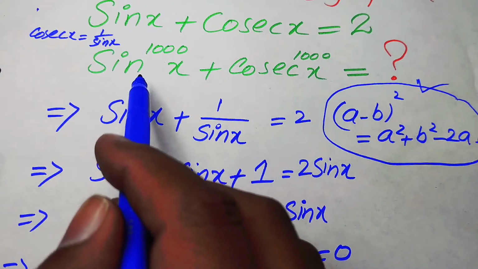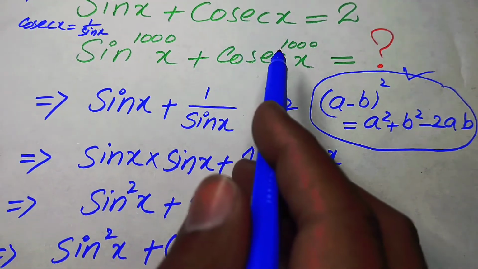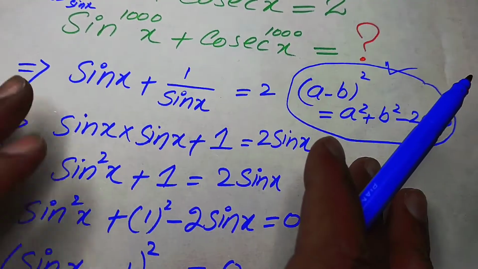We find the value of sine to the power of 1000 of x plus cosecant to the power of 1000 of x.